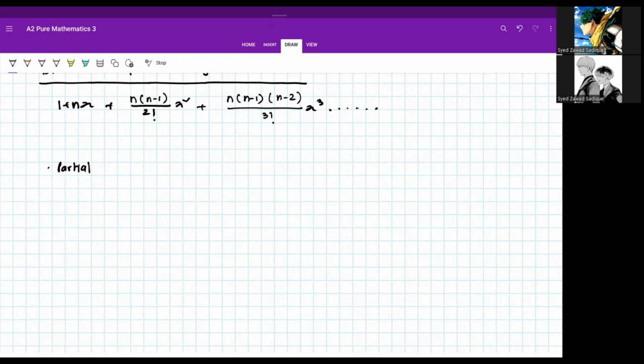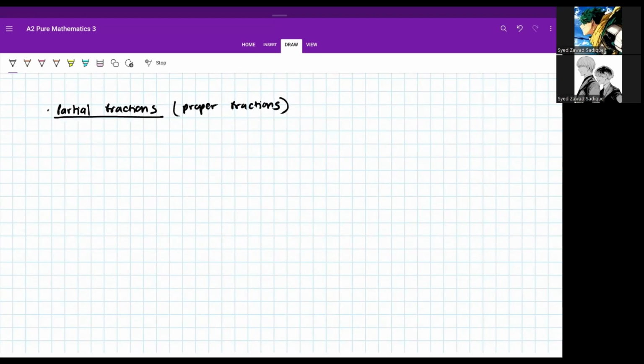Partial fractions. Now, this is going to be for proper fractions. For proper fractions, there are three scenarios.